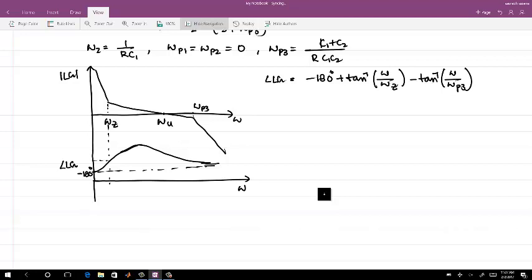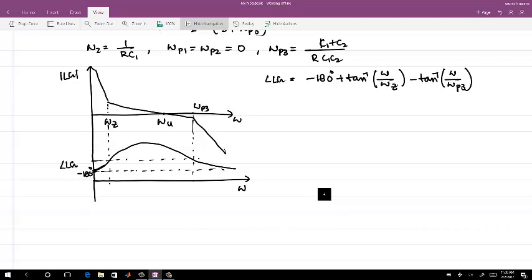So you have omega p3, it goes, so let me just plot it slightly. You can plot it to scale, but I'm just plotting it like this.